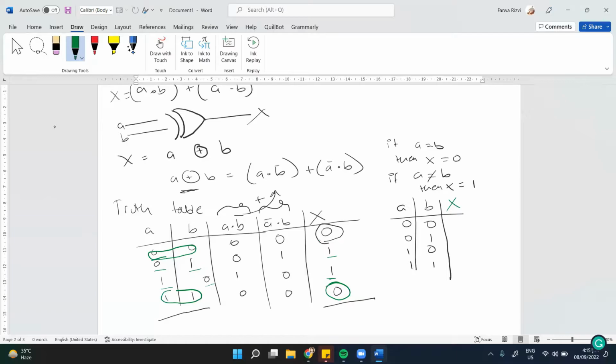Now for the XOR gate, the reason we have this expression and we made it into a gate is because whenever you get certain inputs, we have two inputs, A and B. If those inputs are equal to one another, then the output is going to be 0 or false. But if the inputs are not equal to one another, so for example, if A is 0 and B is 1, or vice versa, then the output is going to be equal to 1 or true.